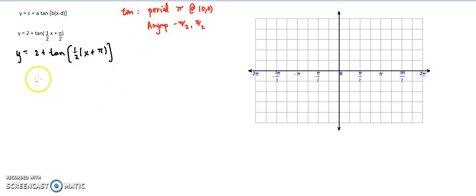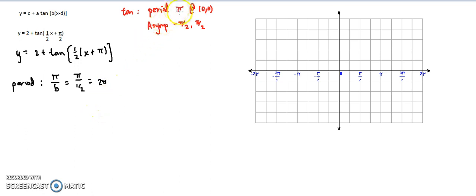Okay, so if we use the first one, originally our period was pi, and so now our new period is going to be pi over b. So that's going to be pi over 1/2 for our problem, and that gives us 2 pi.